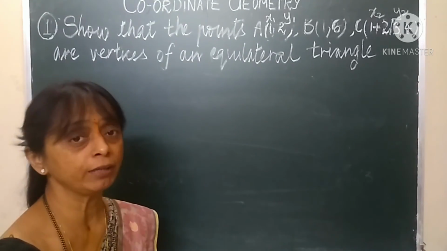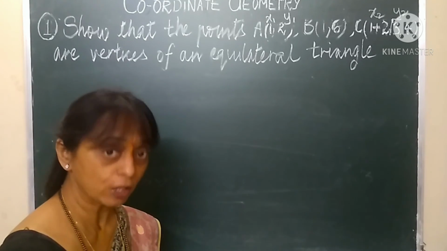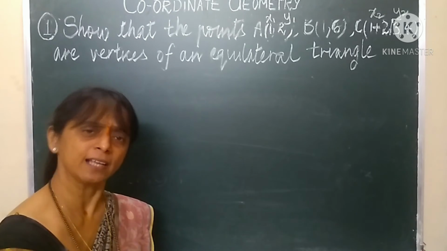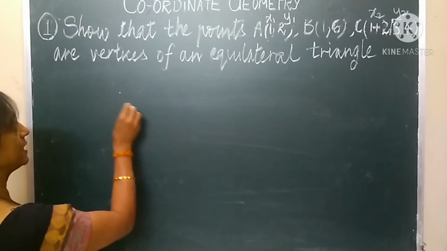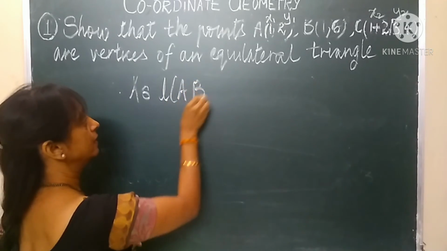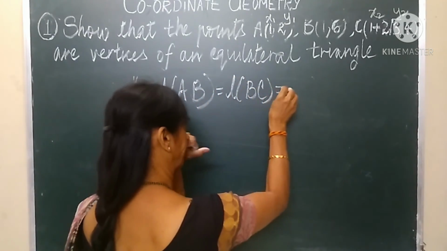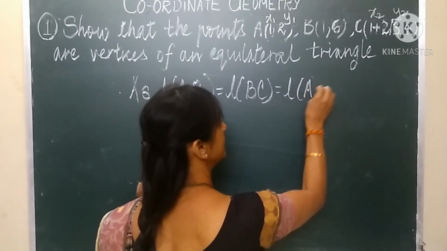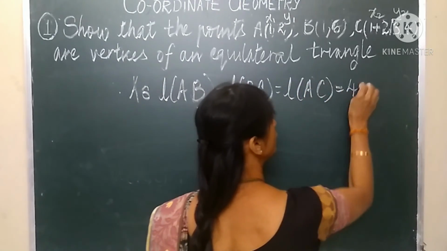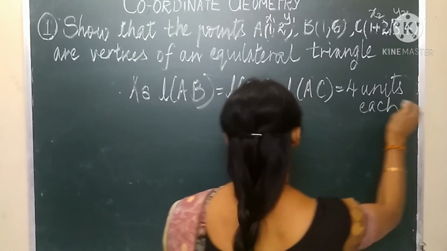So when all the three lengths or all the three sides are equal or congruent, can we call that triangle an equilateral triangle? Definitely. So we will say length AB is equal to length BC is equal to length AC, which is equal to 4 units each.